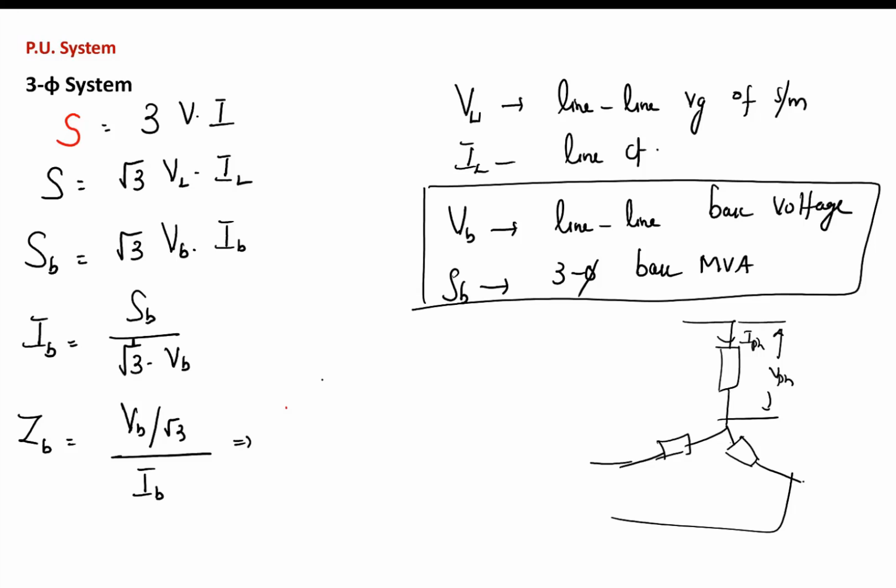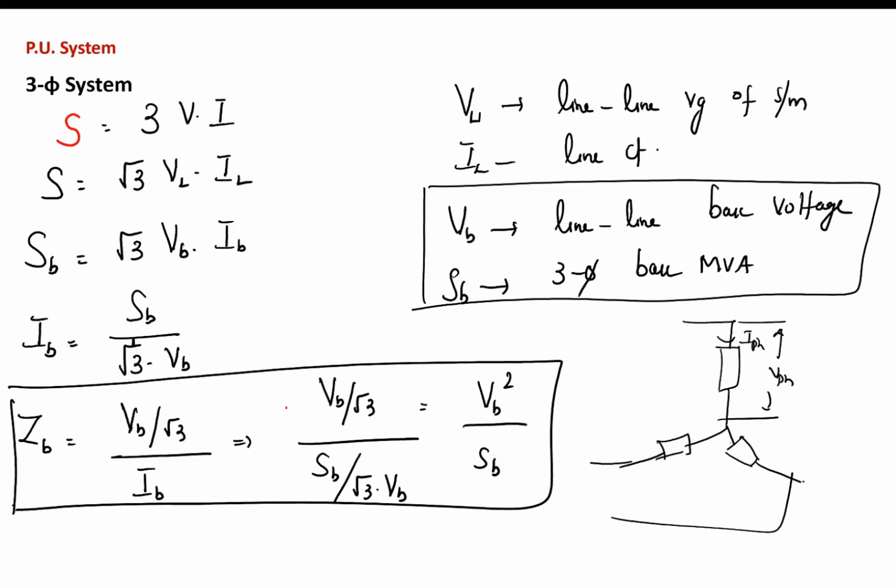If I write the IB formula from the above relationship, it will become SB divided by root 3 into VB. So this will give you directly VB square divided by SB, same as in the single phase case. So in single phase system Z base is given by VB square by SB, and even in three phase it is given by VB square by SB.